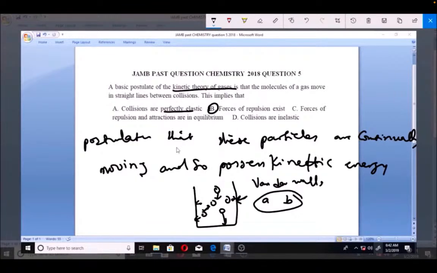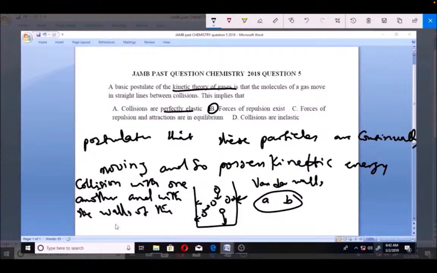So the postulate of the kinetic theory of gases is that the particles are continually moving, and so they possess kinetic energy. The gas molecules will collide with one another and with the walls of the container. That's where collision normally happens.